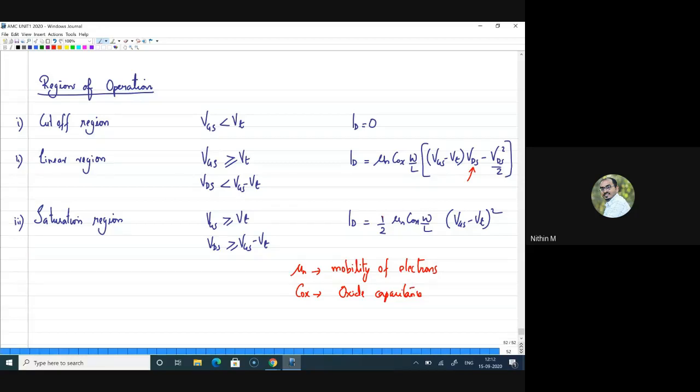Generally we write capacitance in farads, but here this oxide capacitance is defined as capacitance per unit area. We will come back to this later. So the unit is not farad, rather it is farad per area, like farad per micrometer square.